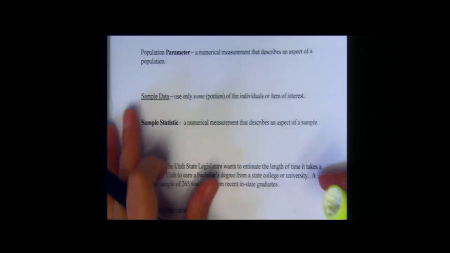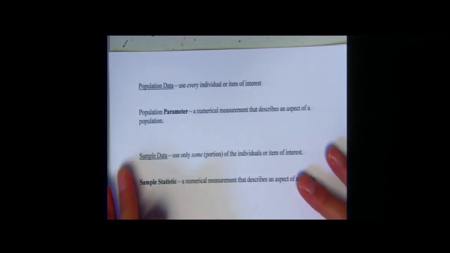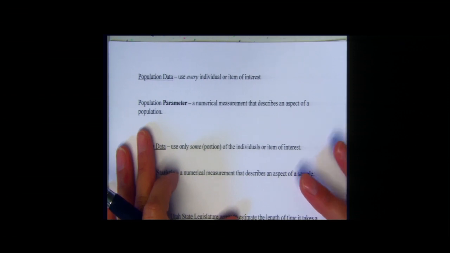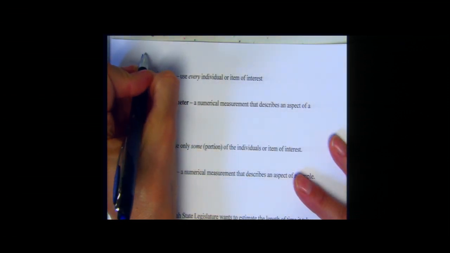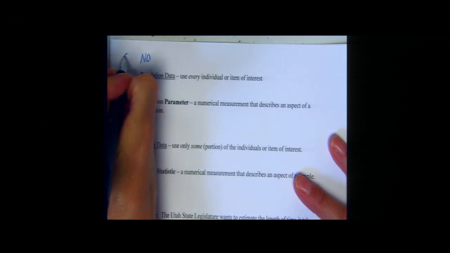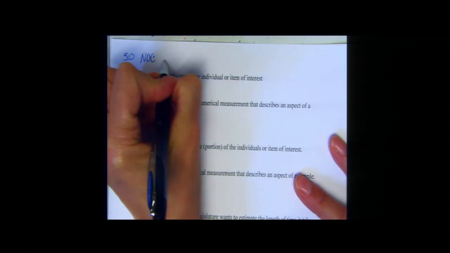Some more terminology. And here we're going to talk about population and sample, which got referred to a little bit on the first page. Now I'm going to go back to my example of 50 NOC students.